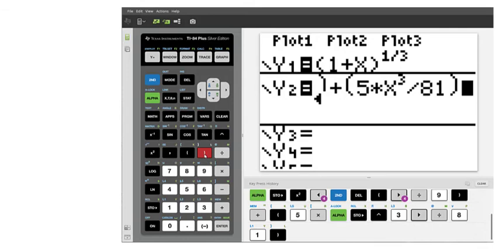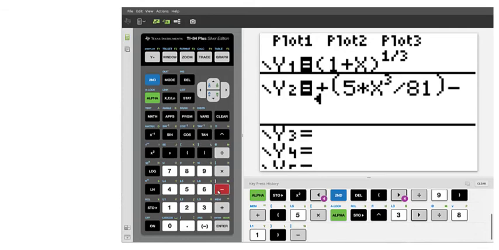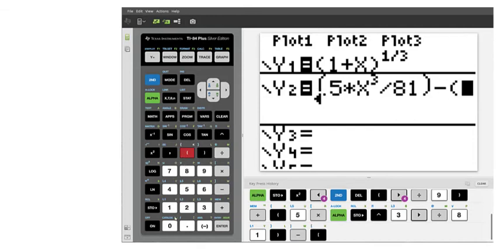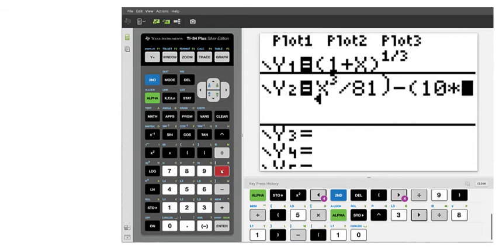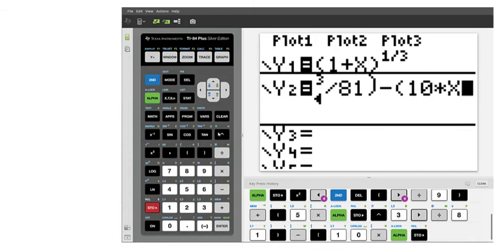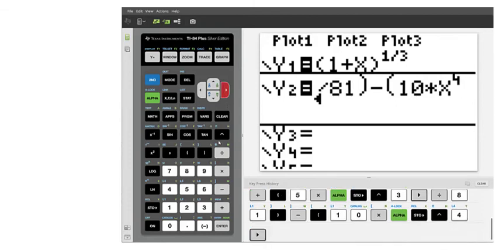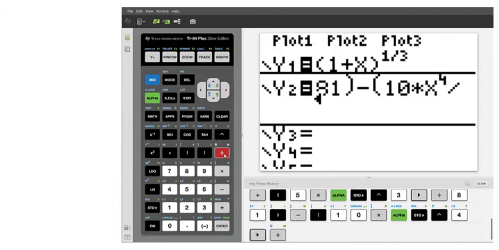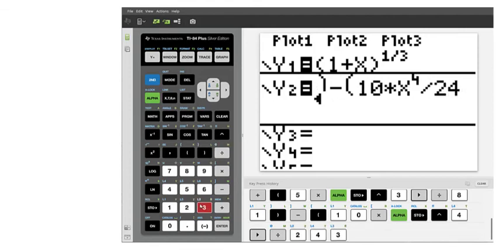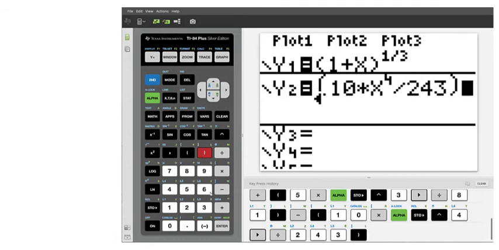And then our last term will be minus 10 times x raised to the 4th power divided by 243, and close the parentheses.